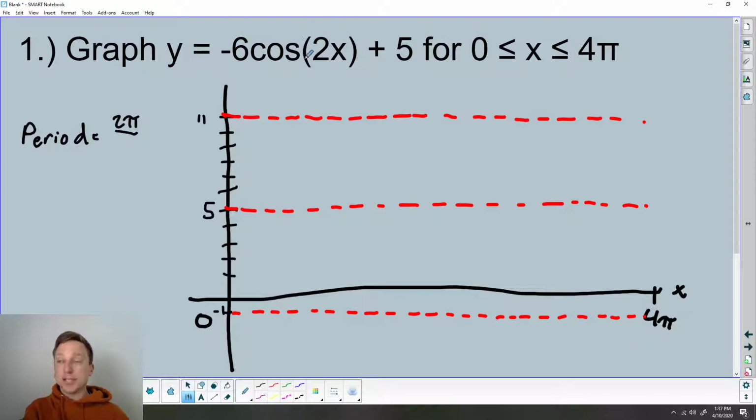In this case b is 2, so our period, how long it takes to go through one full revolution, is 2 pi divided by 2, or pi. So if we're considering 4 pi, we're actually going through 4 revolutions, oscillating between 11 and -1 several times.